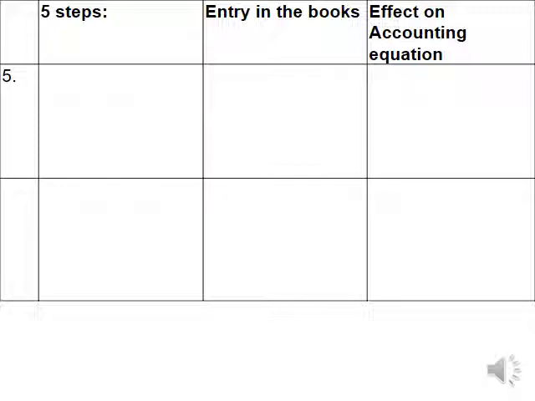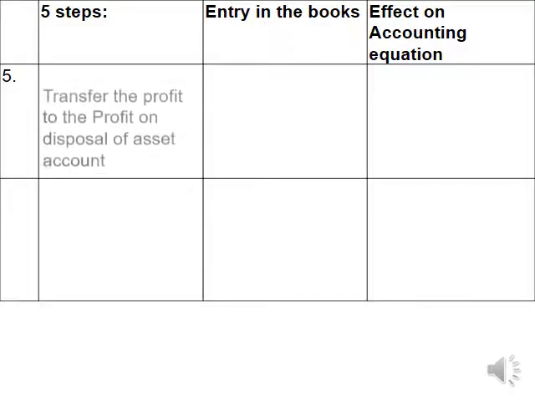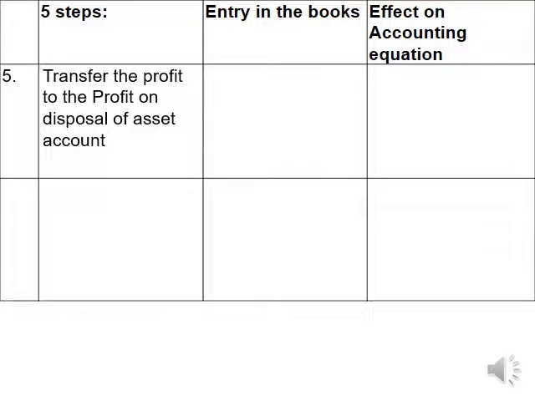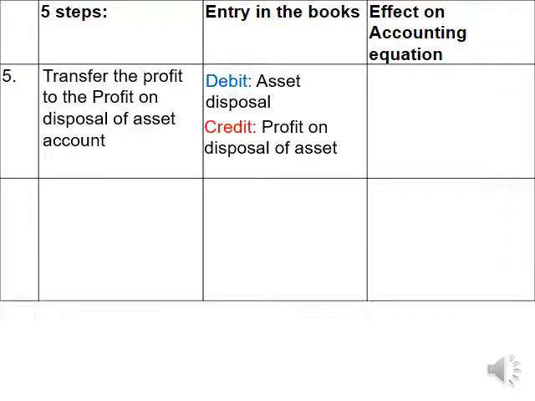Step number 5 has two parts because it depends on whether we've made a profit or a loss. Now, if it's a profit, we will transfer the profit to the profit on disposal of asset account from the asset disposal account by debiting the asset disposal account, which is nominal and therefore owner's equity decreases, and crediting profit on the disposal of asset account, which is also nominal, and therefore owner's equity remains constant.